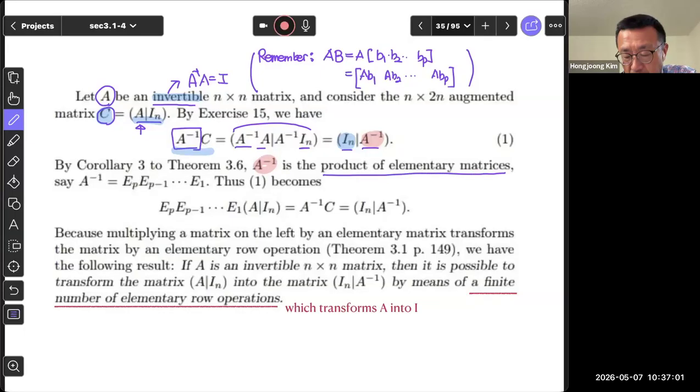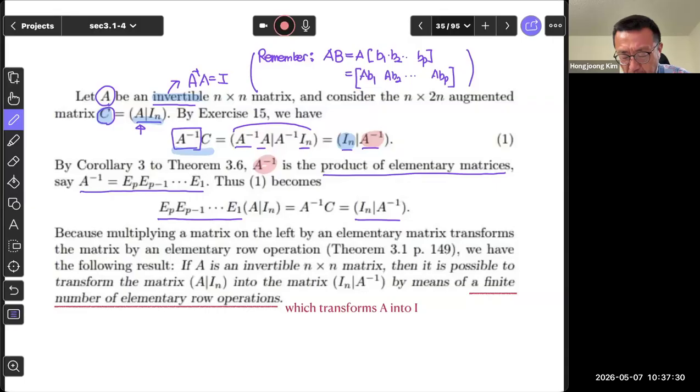So A inverse can be written as the product of these. So equation number one implies that if I multiply the inverse matrix of A to this augmented matrix, you get this one. Now, what is the meaning of this?